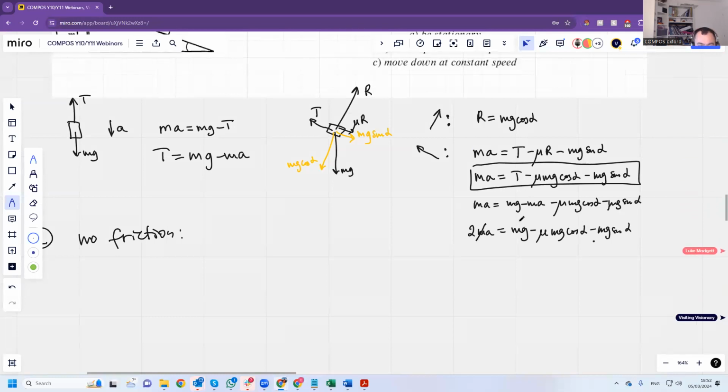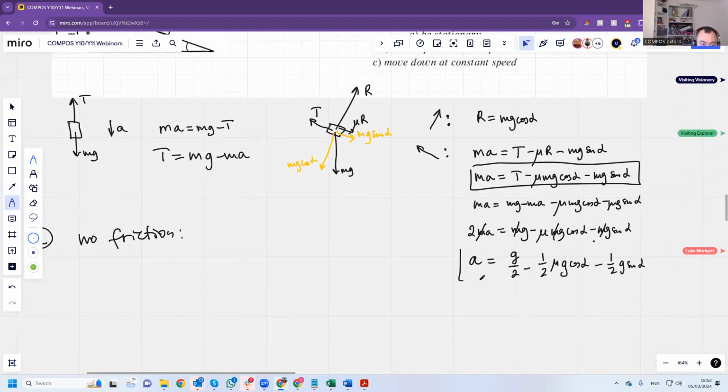We can cancel the m's. And we have acceleration is equal to g over 2 minus 1/2 mu g cos alpha minus 1/2 g sine alpha. This is the acceleration of the system.